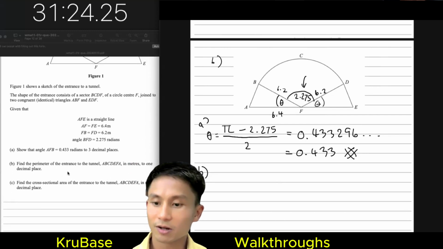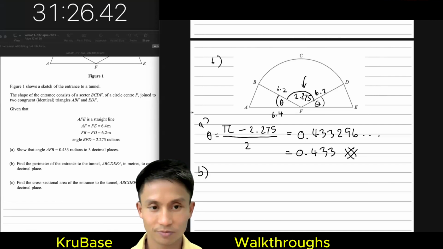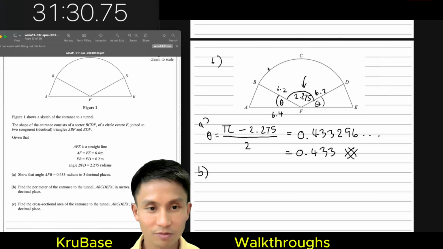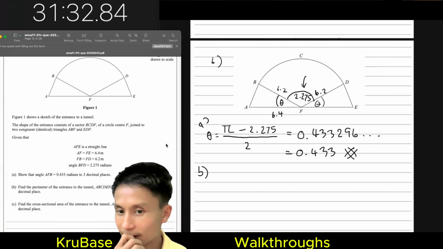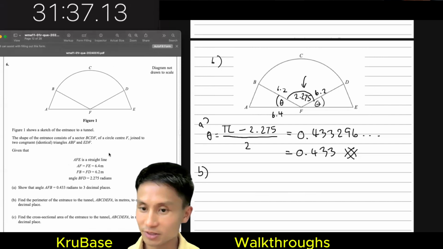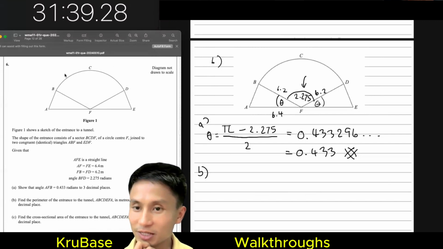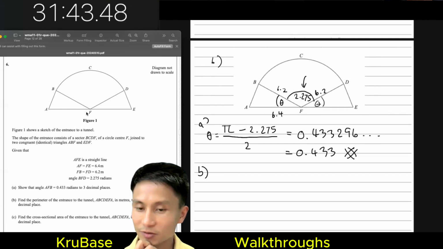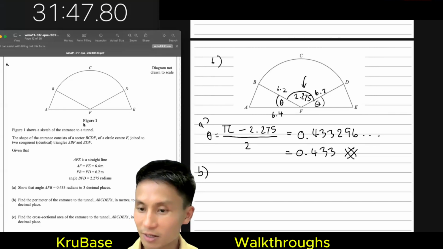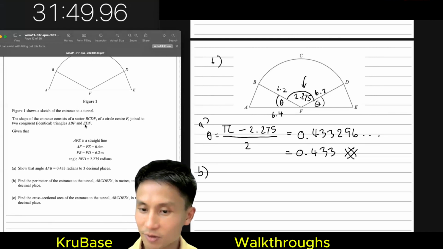Find the perimeter of the entrance to the tunnel. So basically, it's just the perimeter of everything. The entrance consists of a sector BCDF of a circle, center F, drawn with two congruent triangles.